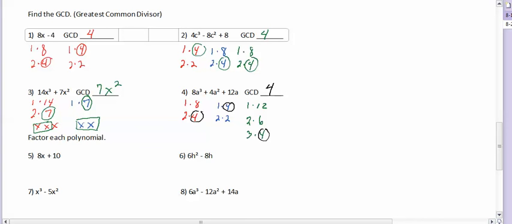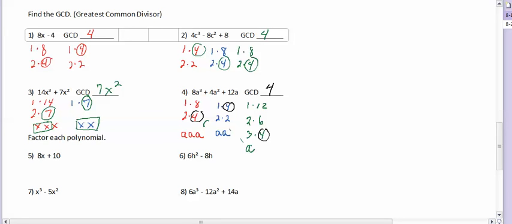So that's the greatest common divisor as far as the number. This one, the first one, the A's, there's 3 of them here. With the 4, there's 2 A's. And with the 12, there's 1 A. So what do they have in common?